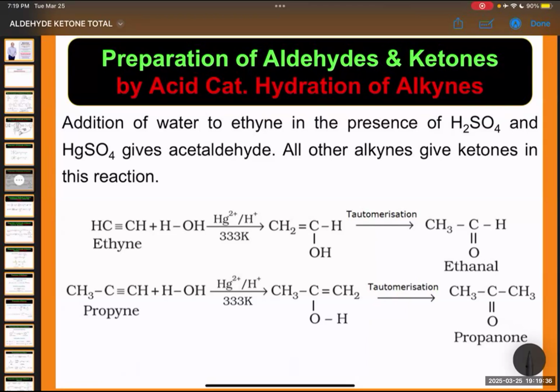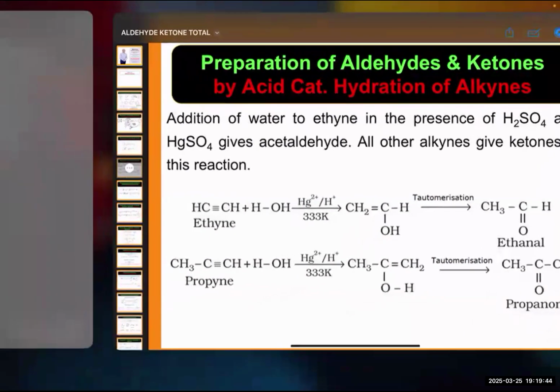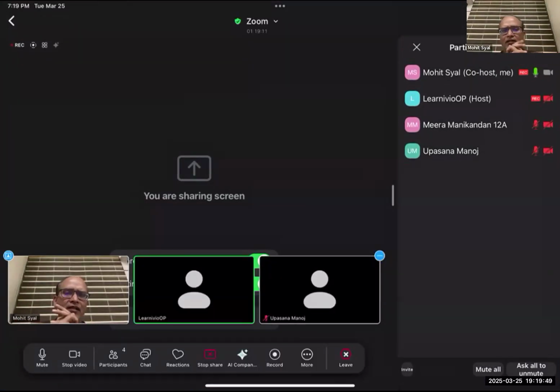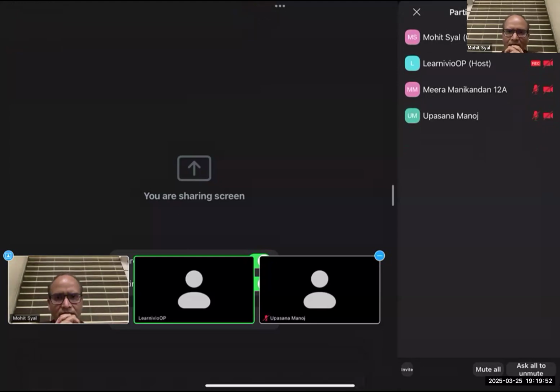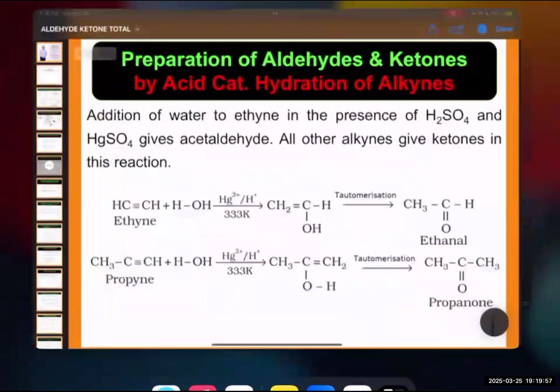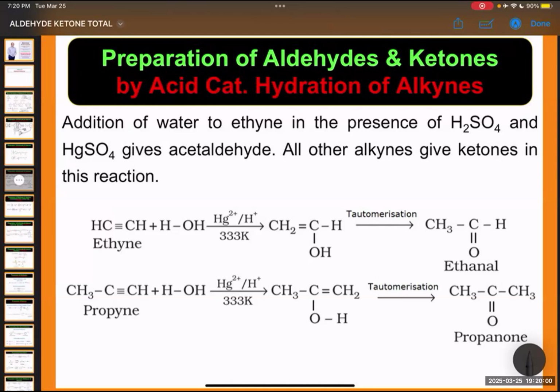Now let's find the method to get aldehydes and ketones from alkynes. From alkenes, you cut the double bond and you take zinc, right? And how do you get aldehydes and ketones from alkynes? That is by addition of water, acid catalyzed hydration of alkynes.